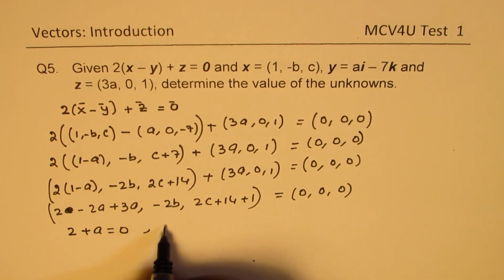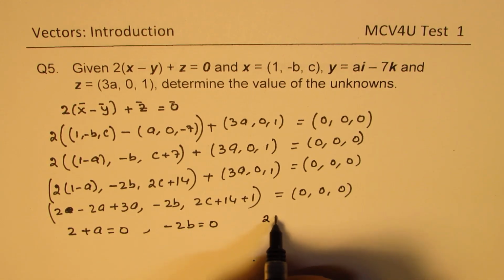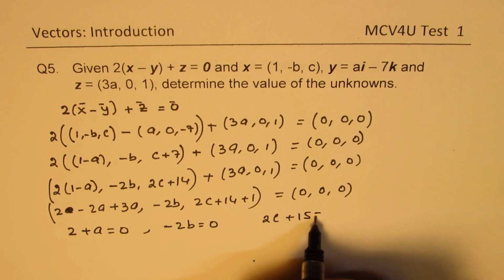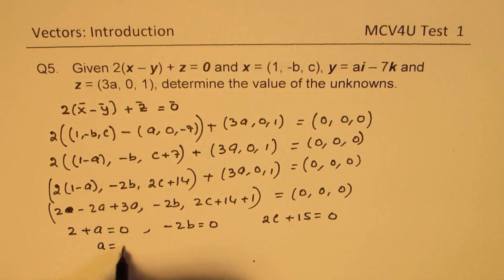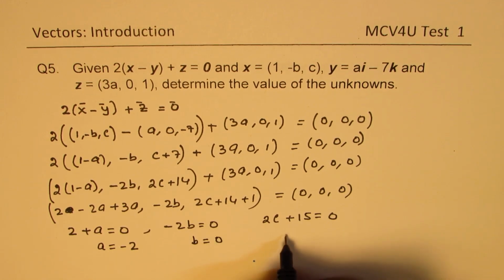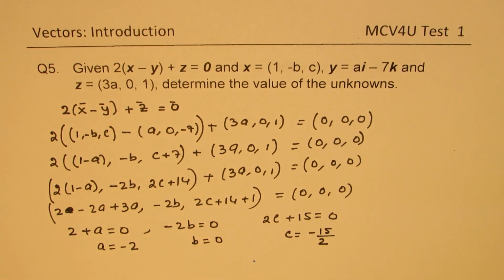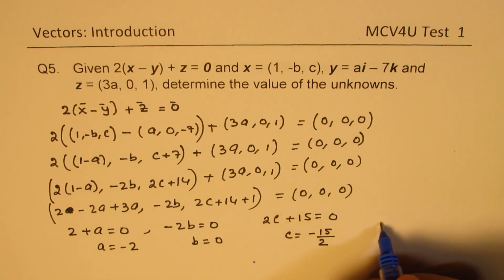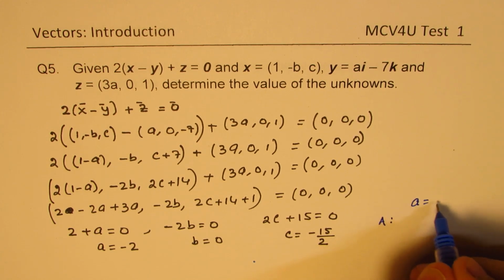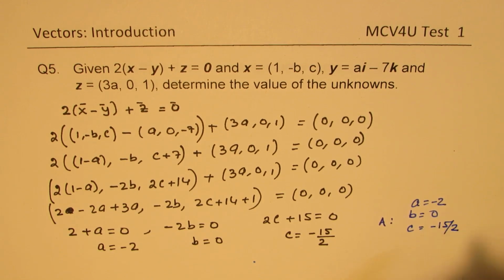Here we get minus 2b equals 0, and there we get 2c plus 15 equals 0. So from here we get a equals minus 2, b equals 0, and c equals minus 15 over 2. Correct. So that becomes the solution for us. So we have our answer, which is a equals minus 2, b equals 0, and c equals minus 15 over 2. Correct.